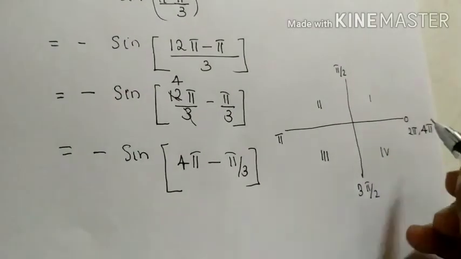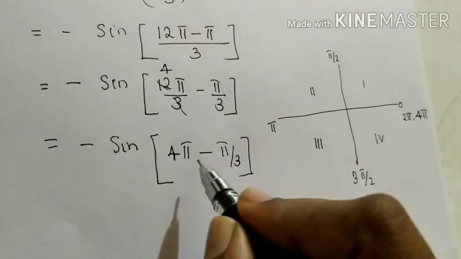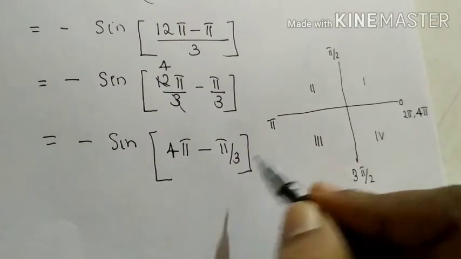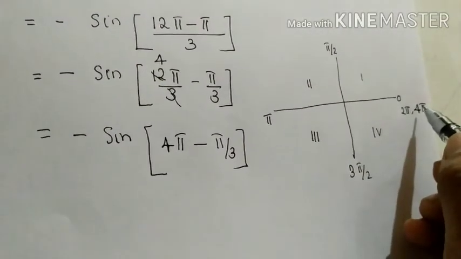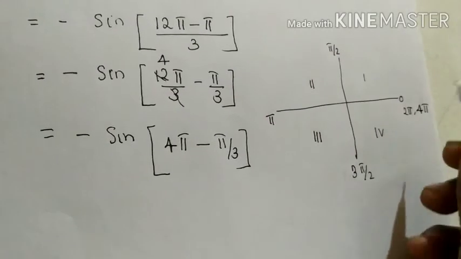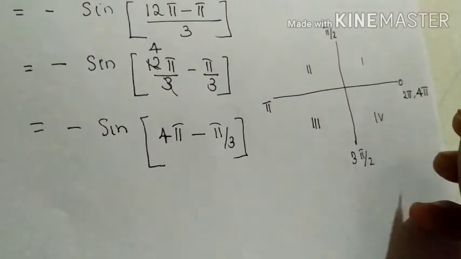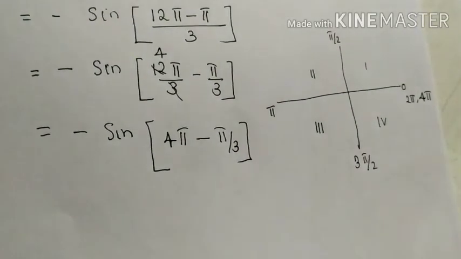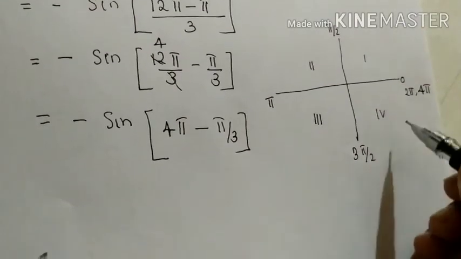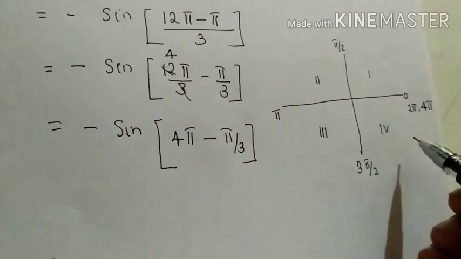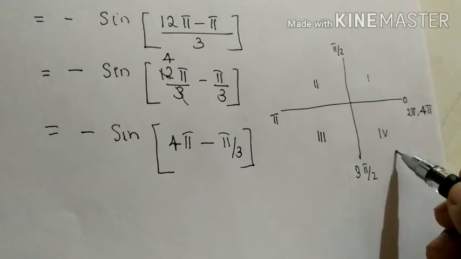So the angle given is 4 pi minus pi by 3. If we subtract pi by 3 from 4 pi, the angle lies in the fourth quadrant, right?